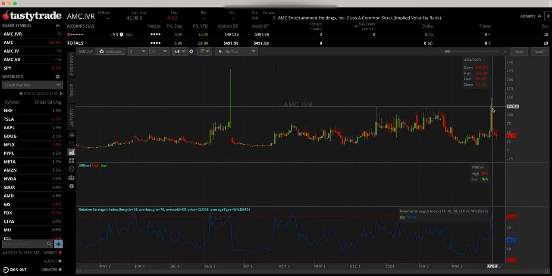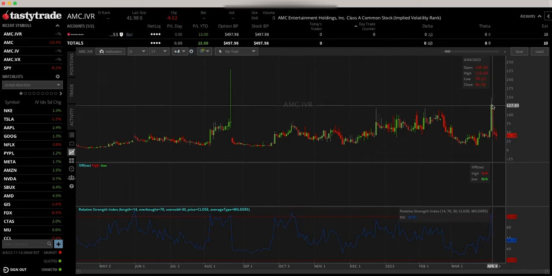So what I saw was this massive volatility spike. And what generally happens is volatility is a mean reverting asset, which basically means that it will normalize down. So what I like to do is trade stocks that have an implied volatility greater than 30. The higher the number, the better.